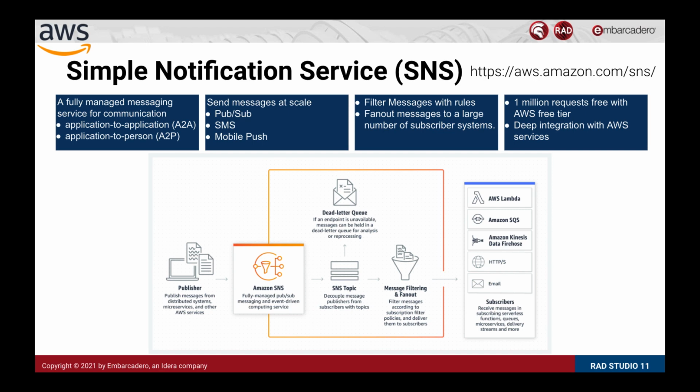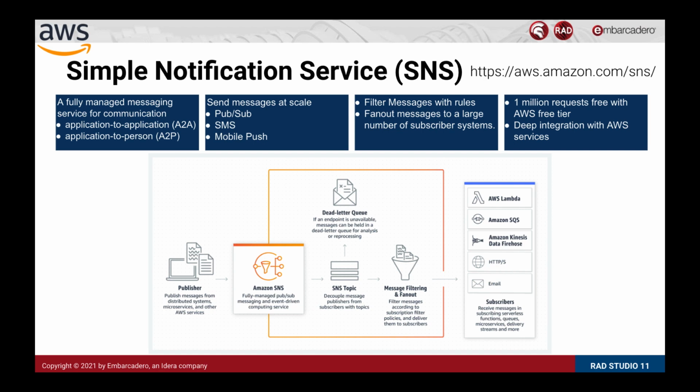Now, there are three different models that they use for sending messages. There's the publish subscriber one, which is what we've got an image of at the bottom here. There's also SMS, and then there's also the mobile push. Each of those is available under the SNS APIs.